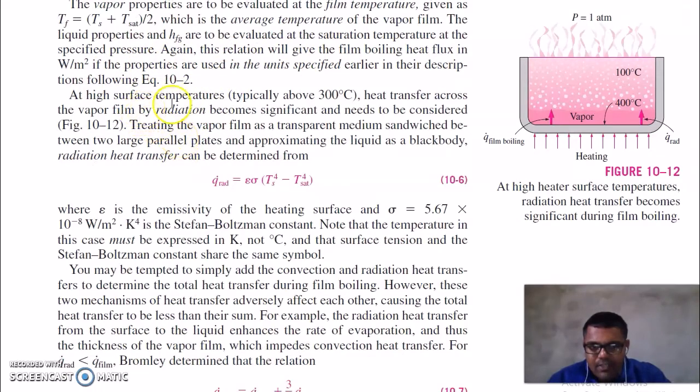At high surface temperatures, typically above 300, heat transfer across the vapor film by radiation becomes significant. So there is heat transfer by radiation as well as by film boiling. The radiation heat transfer can be given by this relation: Q radiation is equal to sigma times emissivity times the difference of surface temperature and saturation temperature of liquid to the fourth power.